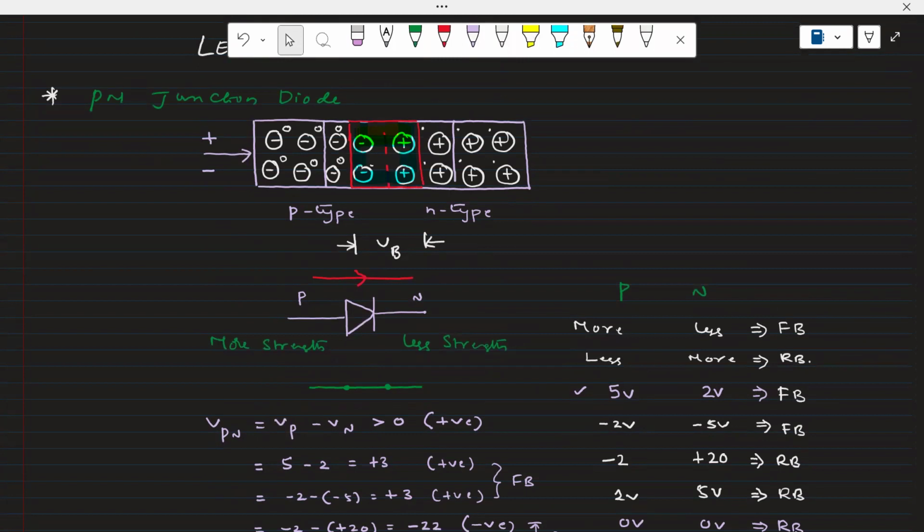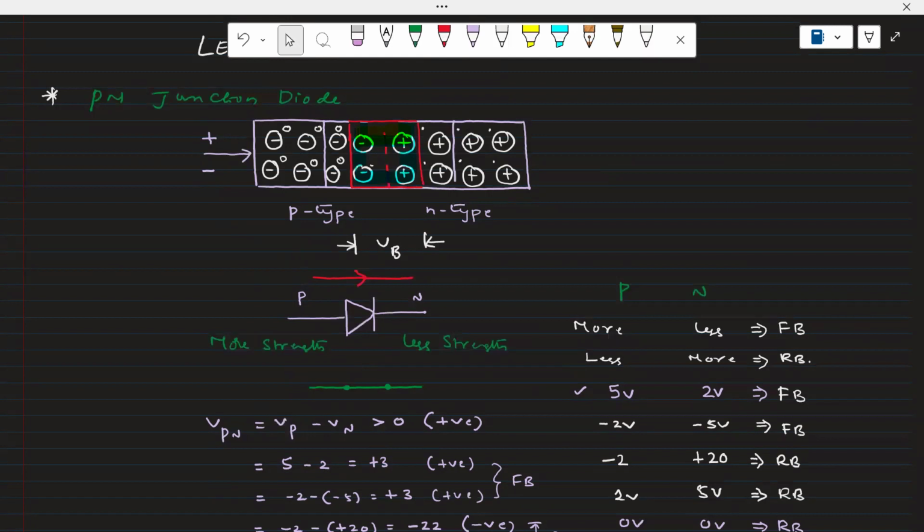What suggestion do you have to give on the P side and on the N side? The P side should be less. P side should be very, very less compared to the N side. Then it becomes reverse bias.